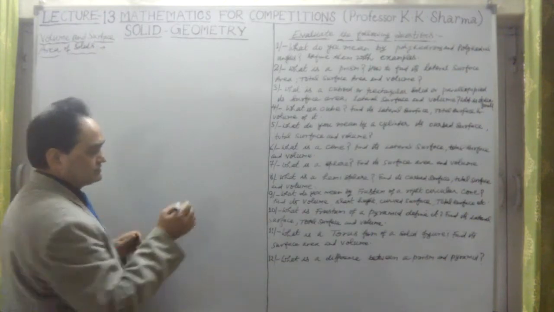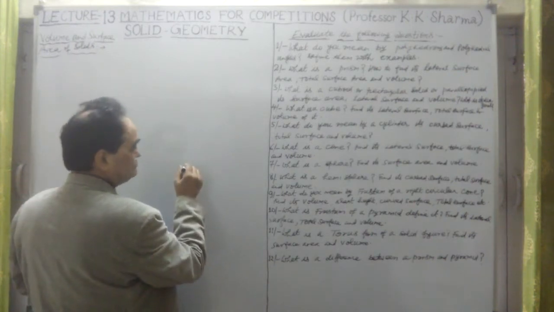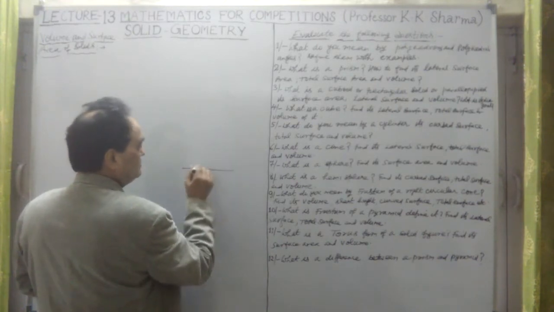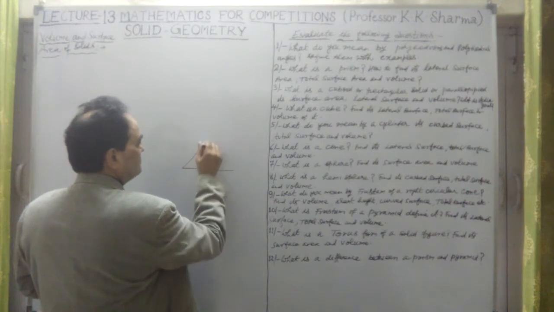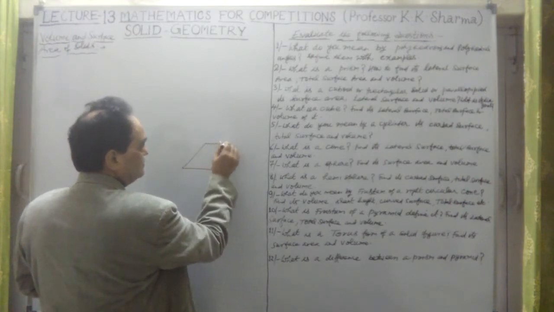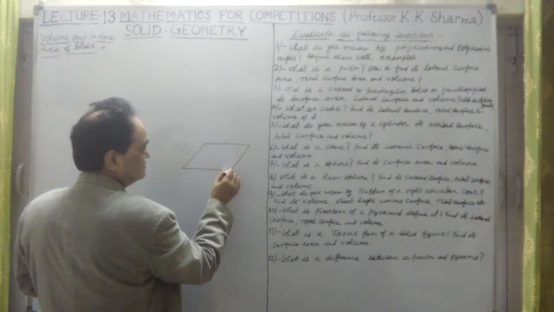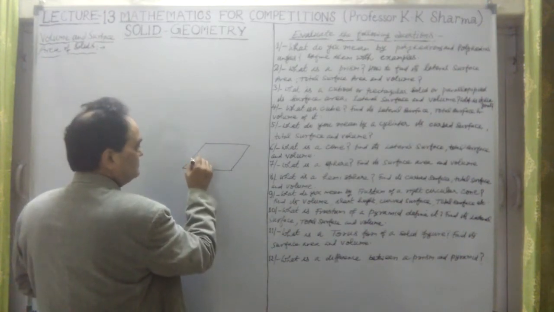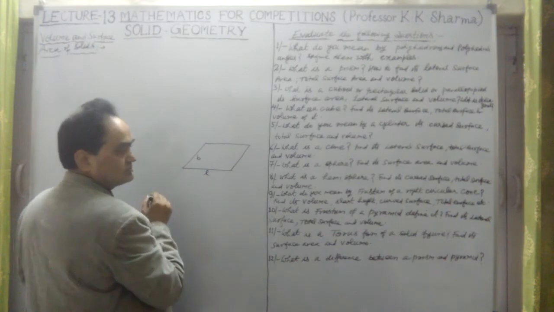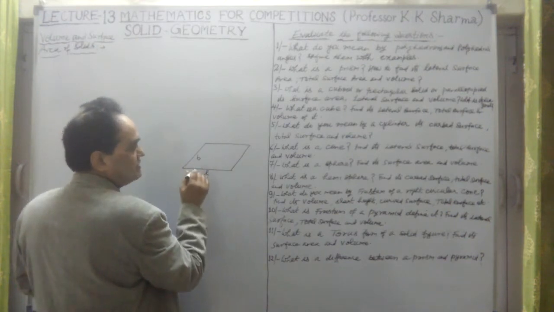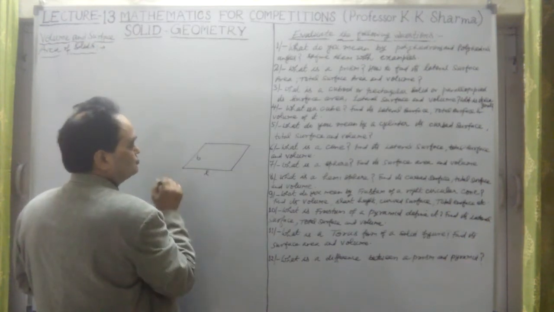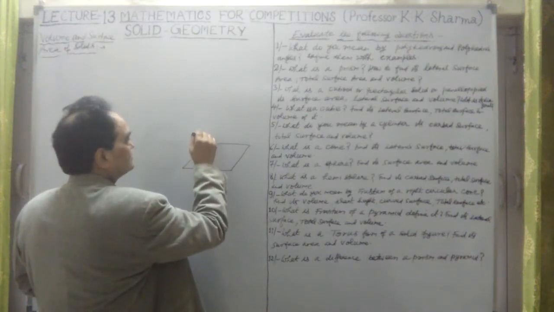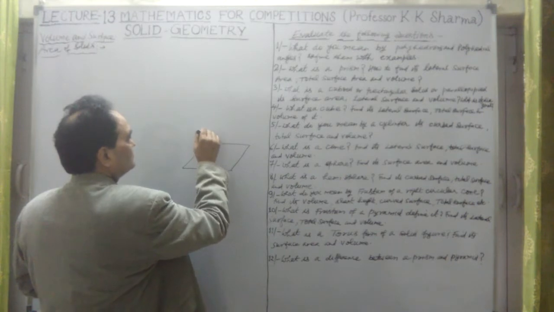For example, if I take this as length and this as the breadth here, and let me take a parallelepiped type of figure. This is breadth here, this is length. Now simultaneously if it has height also, then that height can give us a figure of this kind.